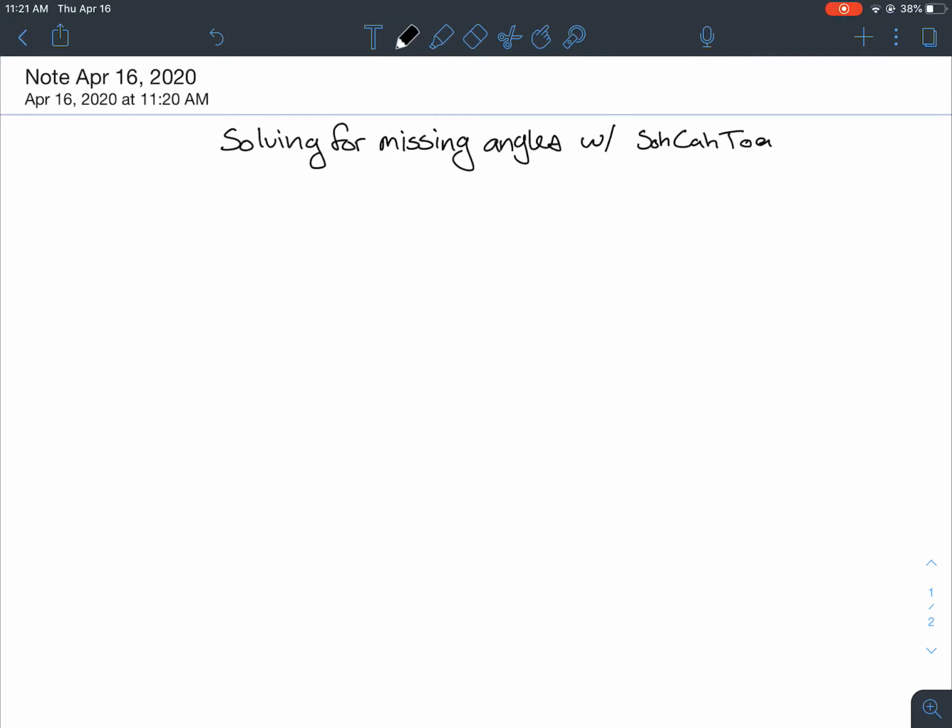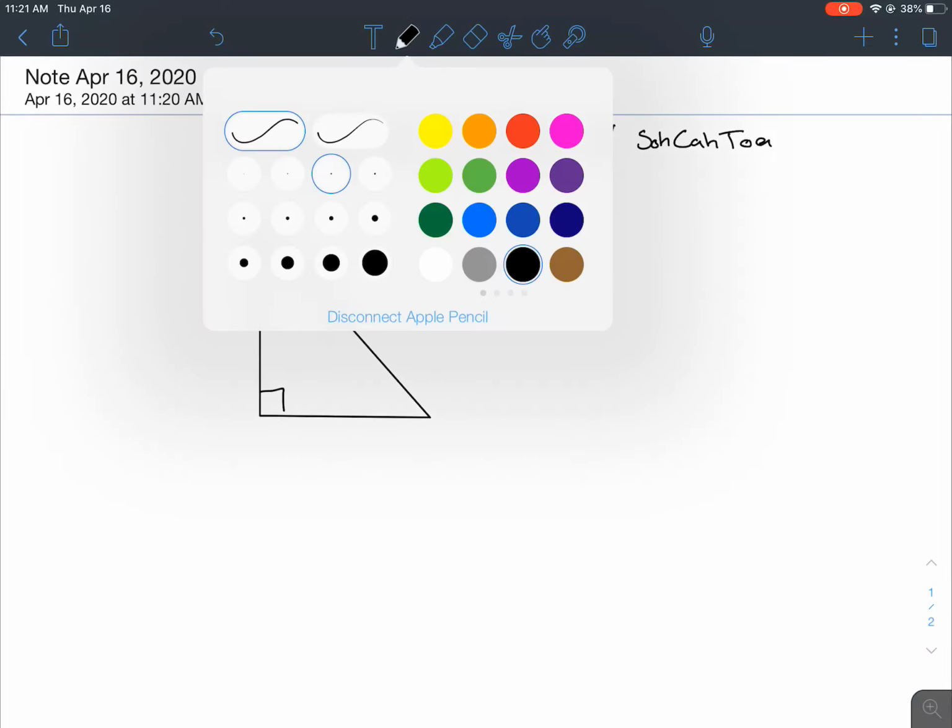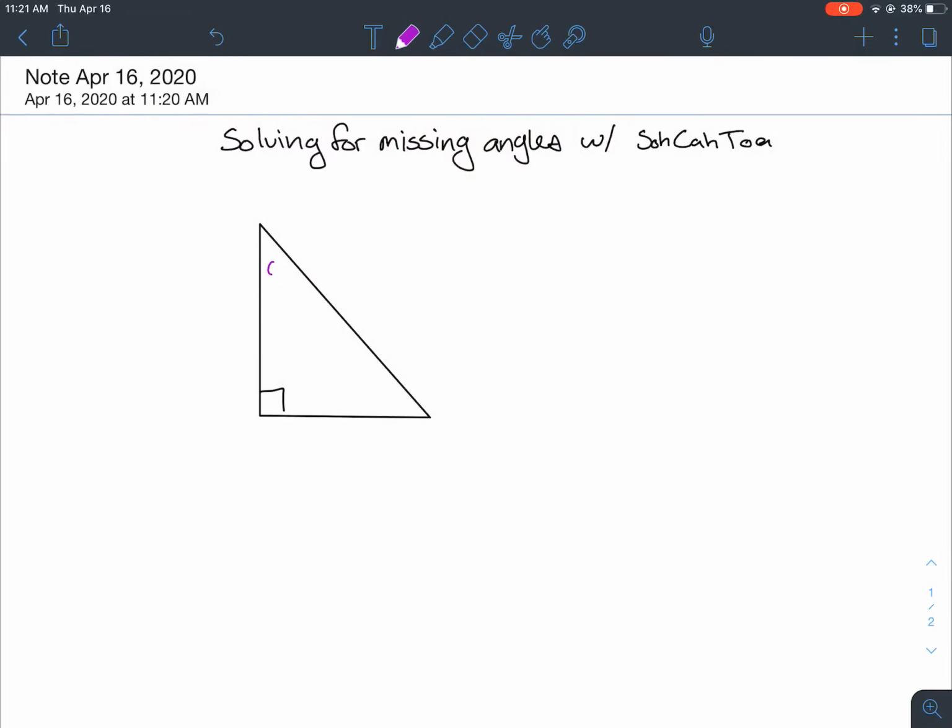So what we need to do is make sure that we are using the right trig ratio. Again, if we have a right triangle here, we're going to have a reference angle, and they call that theta.